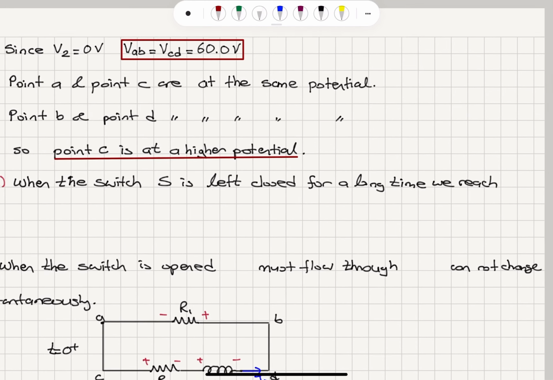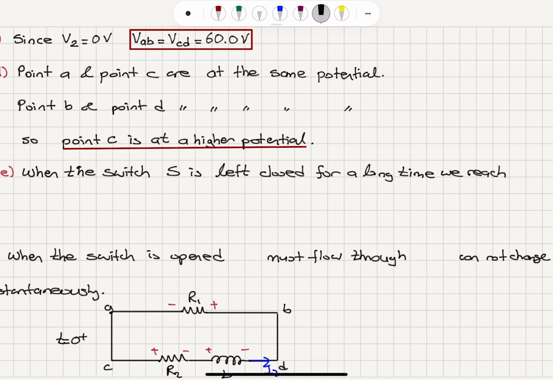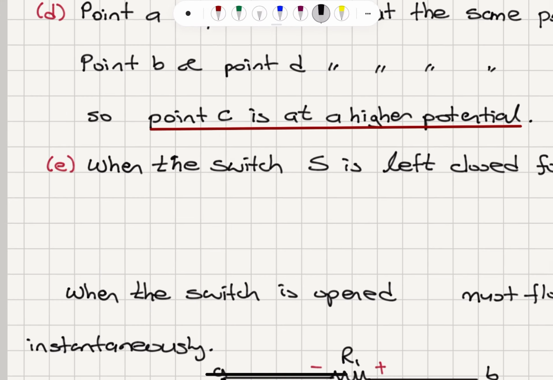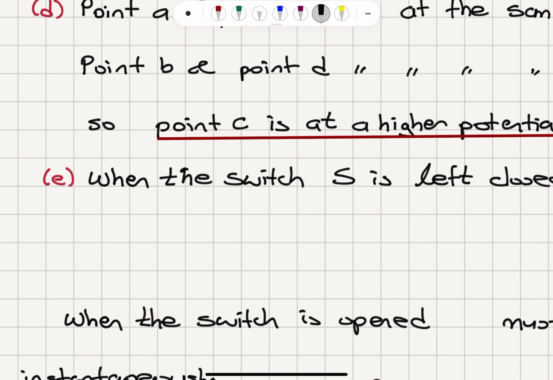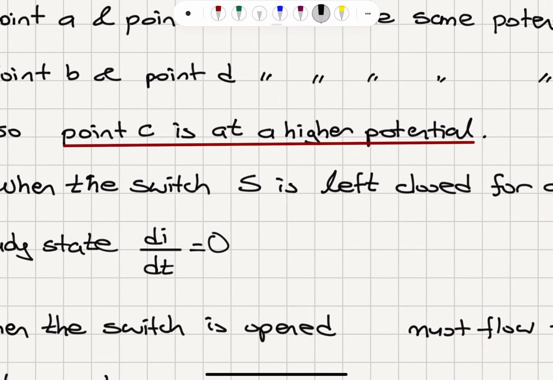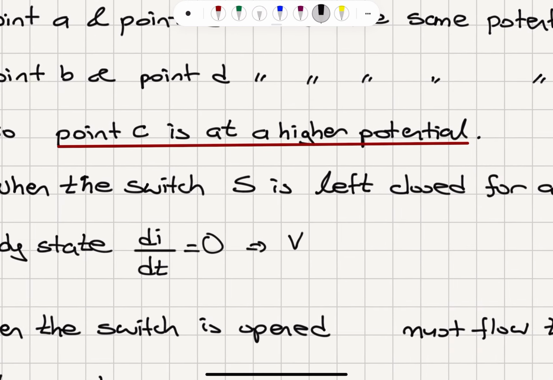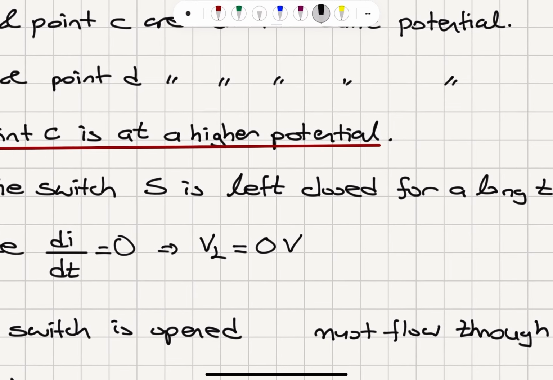Okay, so when the switch S is left closed for a long time, this implies that we reach steady state. There will be a steady state current flow so that the time derivative of the current, di/dt, equals 0, which means the voltage across the inductor, VL, will be equal to 0 volts, because it's L di/dt.